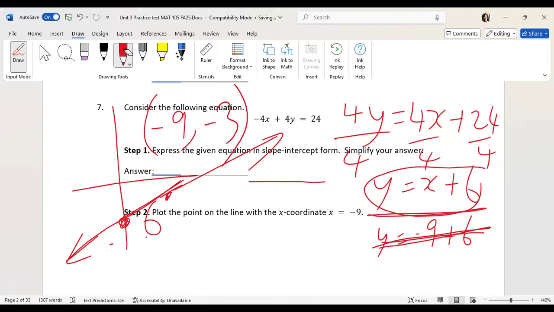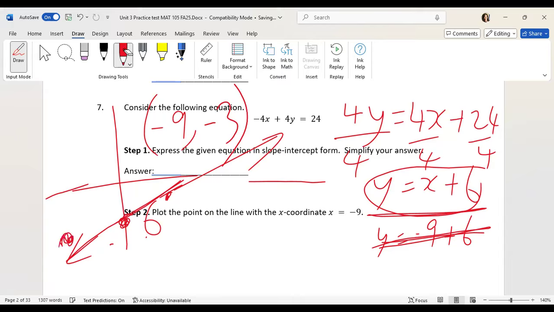They also wanted us to plot the point where x is -9, and we found that point to be (-9, -3). So (-9, -3) will be somewhere down here.